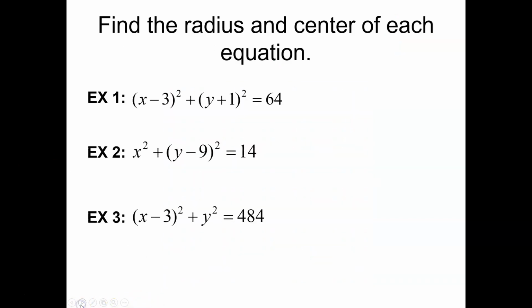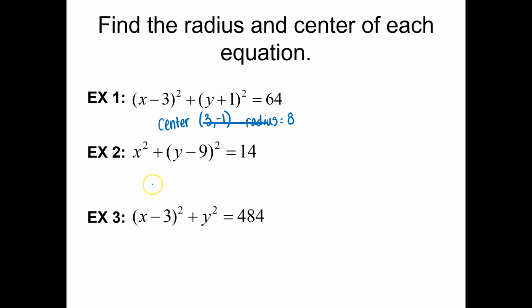Alright, so the next thing we're going to look at doing is finding the radius and the center from the equation. So, Troy, what would the center of number 1 be? (3, negative 1). What about the radius? 8. Yes. Because this is r squared, so you got to take the square root of it.